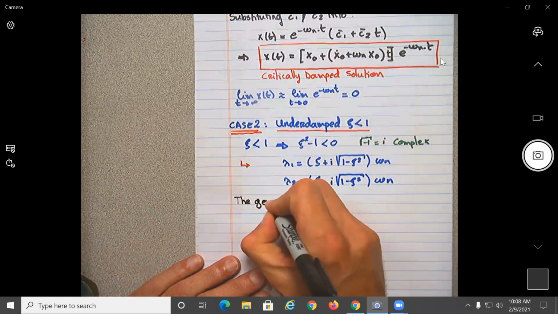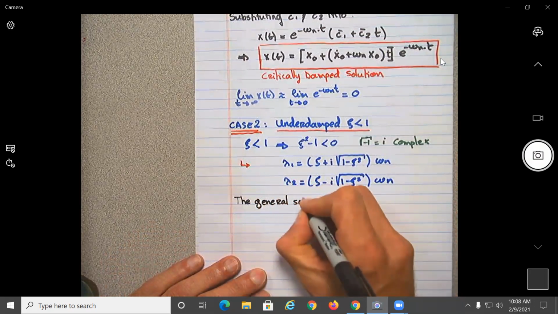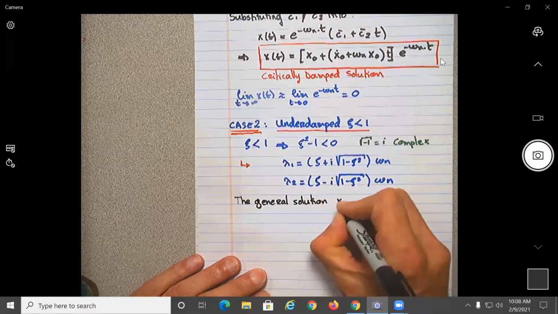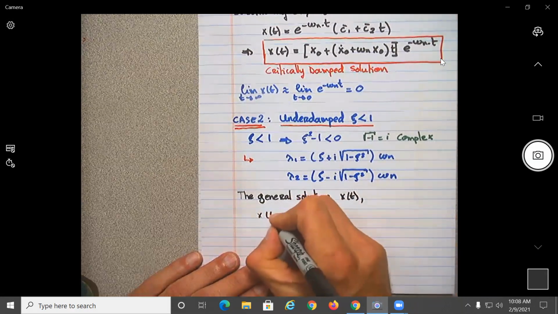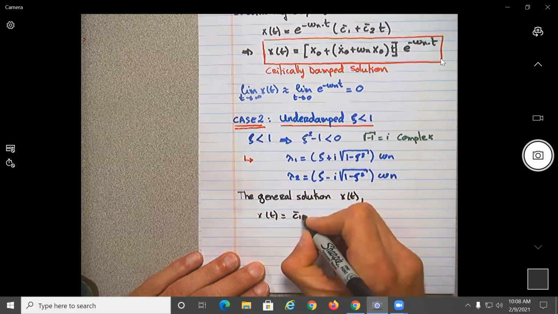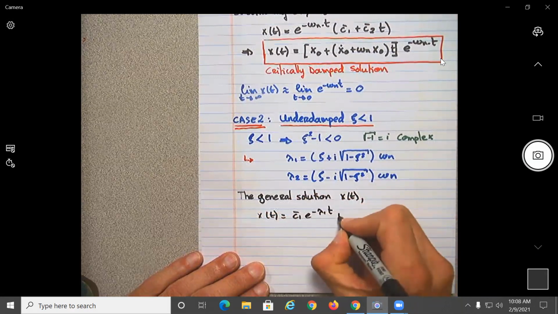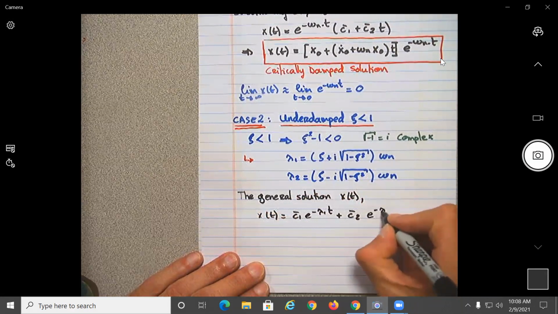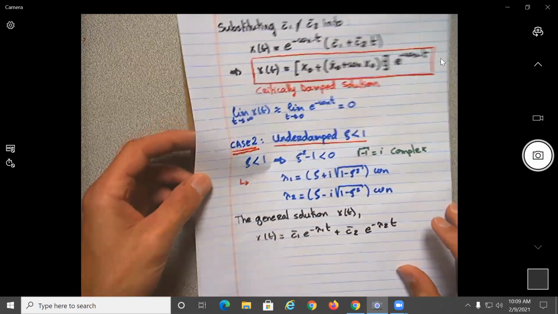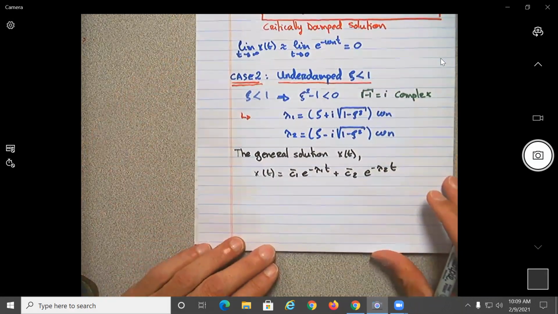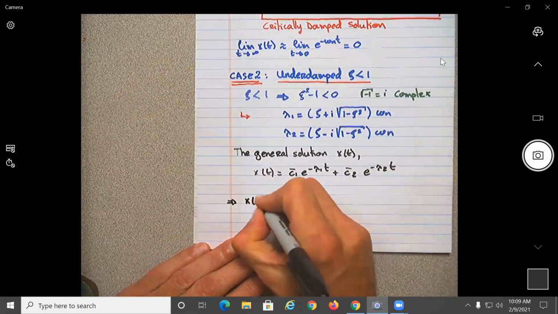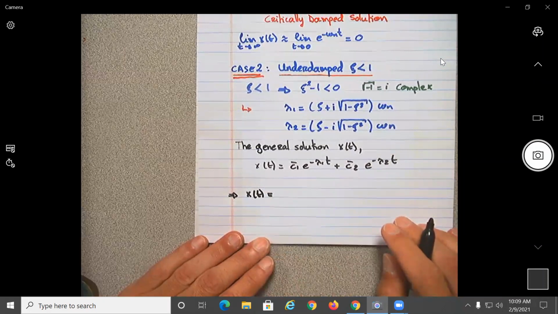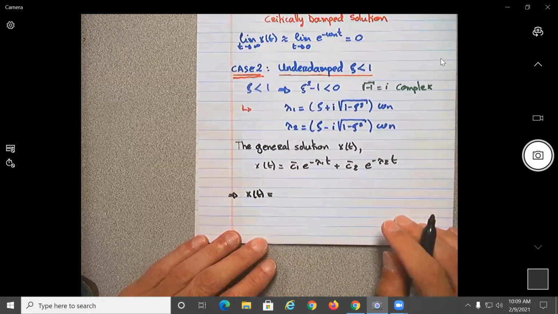The general solution x of t, which we say is of the form x of t equals c bar 1 exponential of minus lambda 1 t plus c bar 2 exponential of minus lambda 2 t.